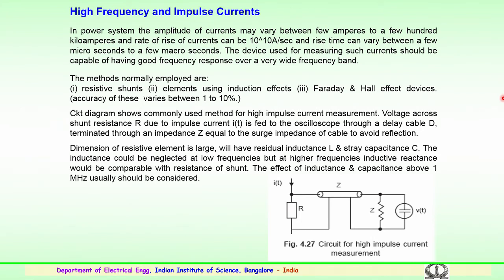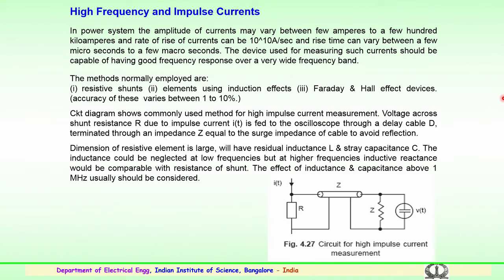The rise time can vary anywhere between a few microseconds to a few tens of microseconds. Standard impulse currents could be 8/20 microseconds, 8 being the front time and 20 being the tail, as a typical example. So, the devices used for measuring such currents should have good frequency response over a wide frequency band.